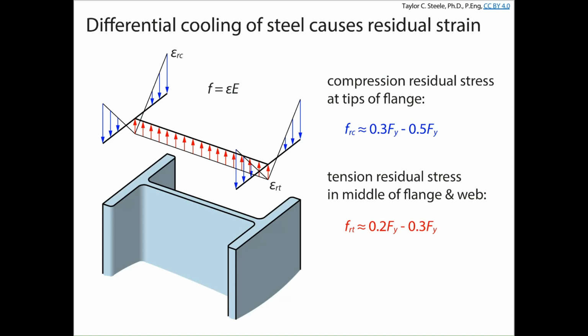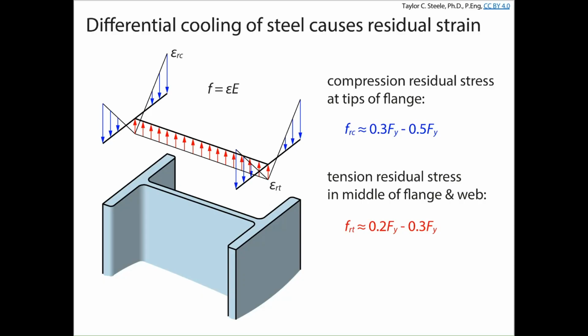But when we start to apply stress from compression or from bending or from tension, we have to keep in mind the fact that we already have an initial stress state in this cross-section, because the compressive stress, for example, at the tips of the flange tends to range from 30 to 50% of the yield stress. That means we're not going to be able to apply the full force on the cross-section before it starts to yield.